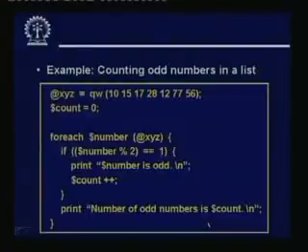You use for each for this kind of list based operations where you are accessing the elements of the list. Okay? Fine. So, let us take an example here. There is an example which counts the number of odd numbers in a list.